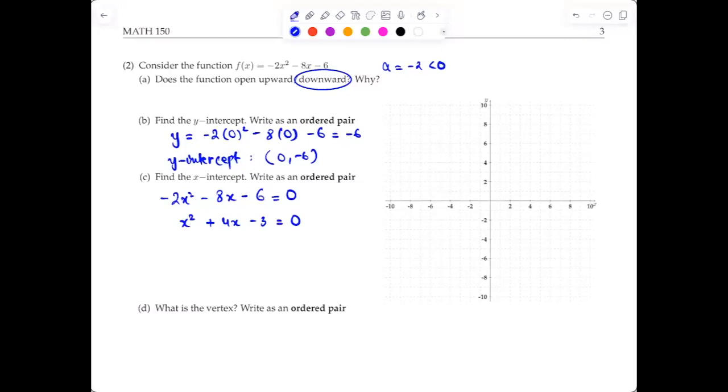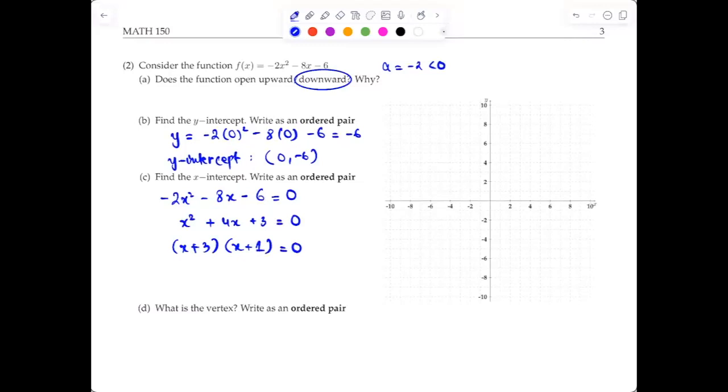What factors should I get here? 3 and 1, yes. So (x plus 3)(x plus 1) equal to 0.